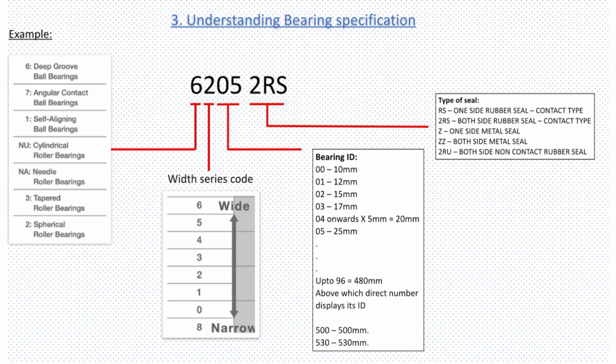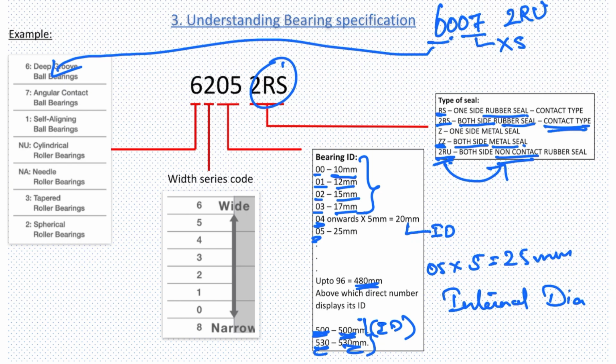So for your understanding, for example, if we want a 6007 2RU bearing, that means it is a deep groove ball bearing, the 0 is the width series, and the 07 means 07 into 5, that is 35 mm ID of the bearing, and 2RU means both sides the bearing has a non-contact type rubber seal.